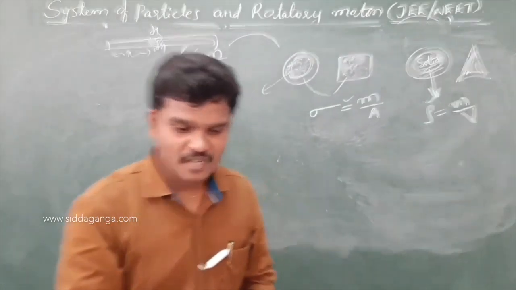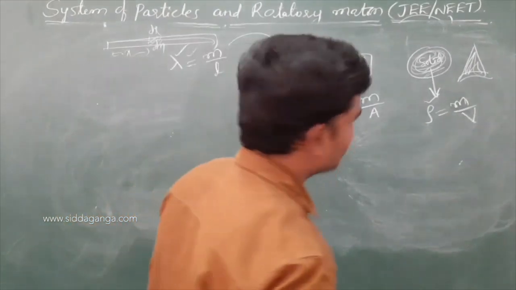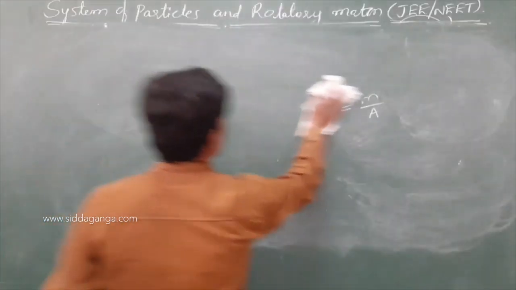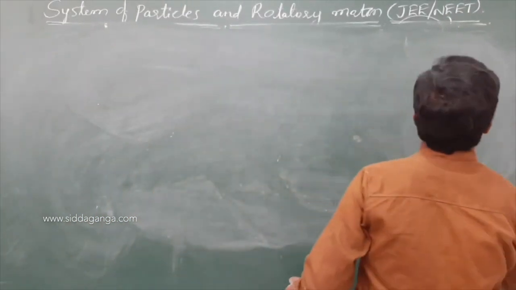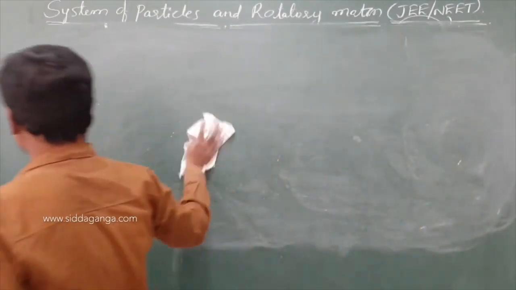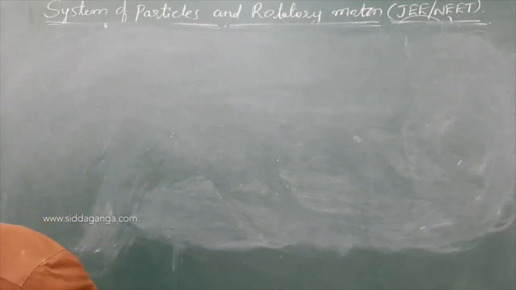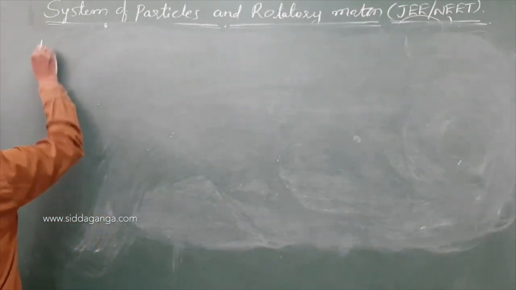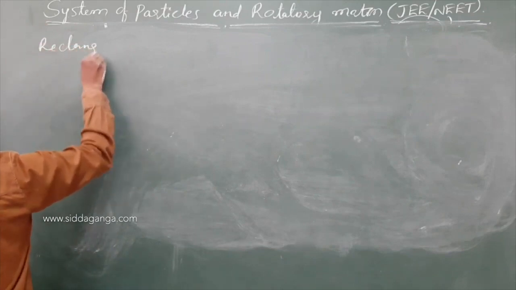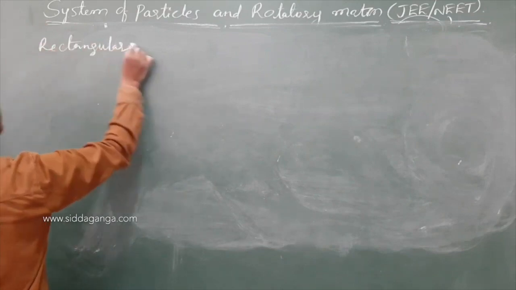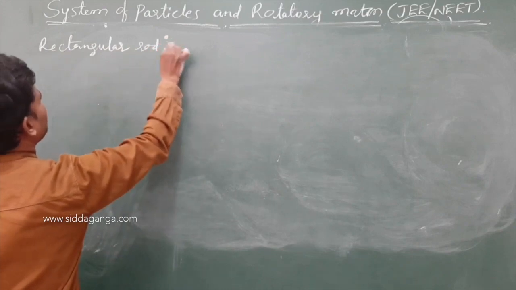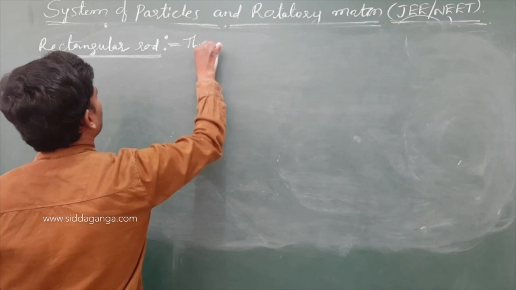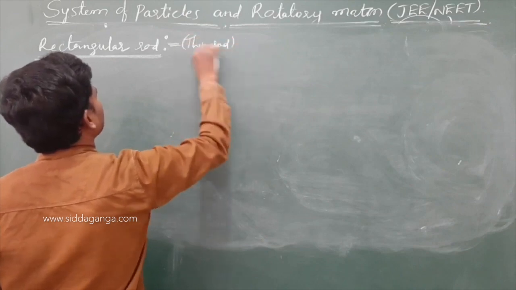Let me start. Moment of inertia of a rectangular bar or uniform rod. A rectangular rod whose length is L and breadth is B, or a uniform rod, otherwise a thin rod whose length is L, like that.